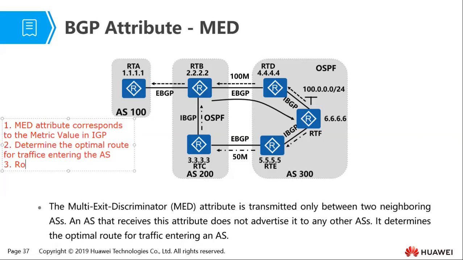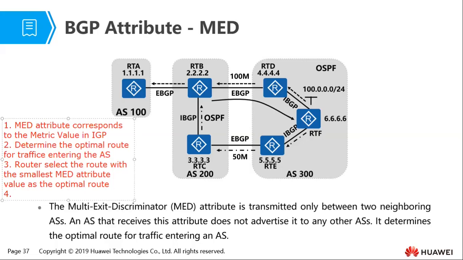Then number three, a router will select the route with the smallest MED attribute value as the optimal route.